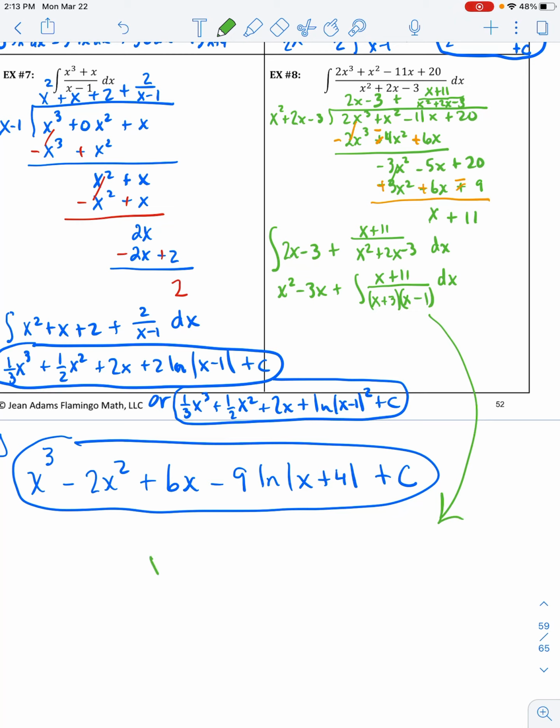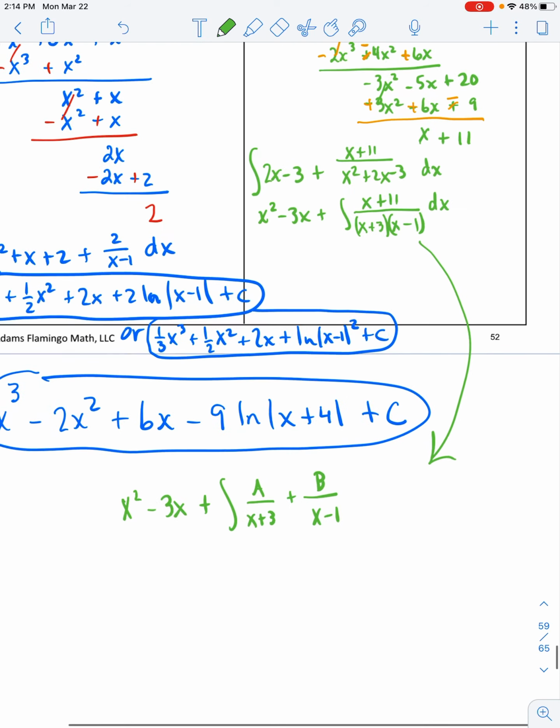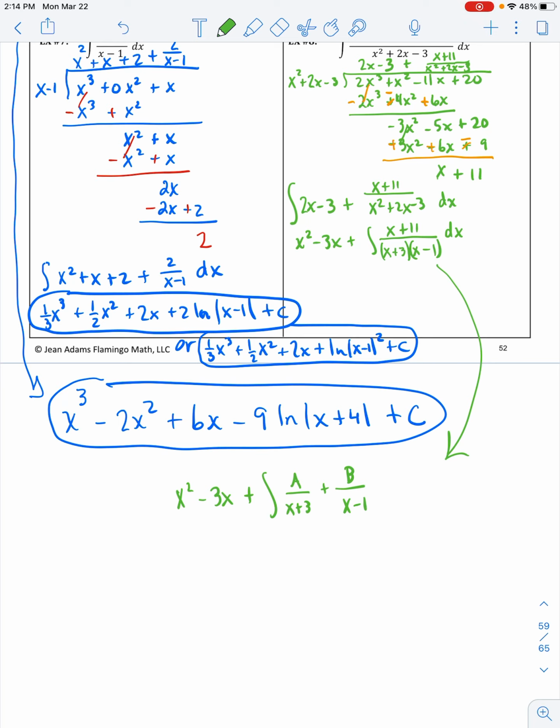So I'm going to bring this down. We've got x squared minus 3x plus, and we want this to be a over x plus 3 plus b over x minus 1. And our side work: a times x minus 1 plus b times x plus 3 equals x plus 11.